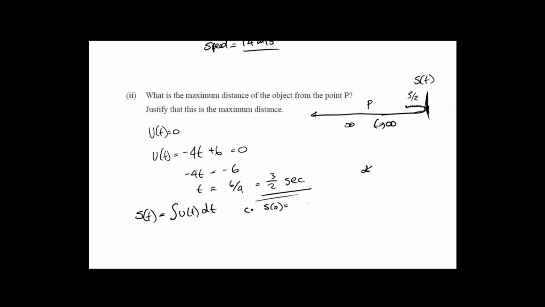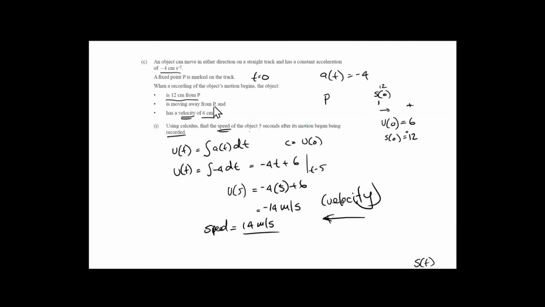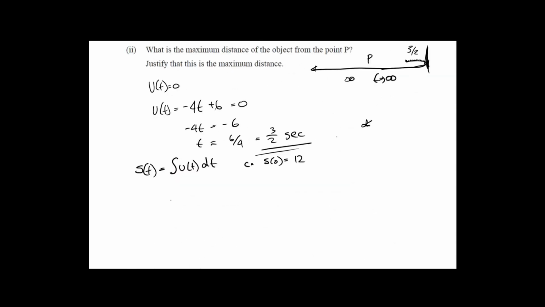So it's going to be at 0, and we know from previous experience that is going to be 12. Okay, so when we integrate this, negative 4 stays there, the t stays there, it grows a 2, we have to divide by that 2. The plus 6 becomes plus 6t, and now we have the plus c, but we know that's 12. So negative 2t squared plus 6t plus 12, and we want to evaluate that where t equals 3 over 2.